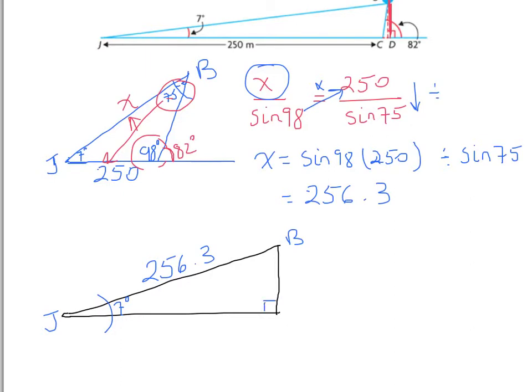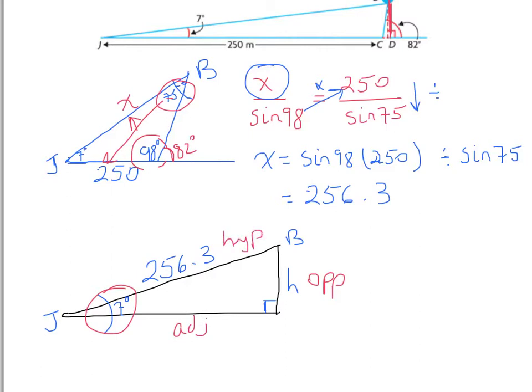This is a right angle, and we're trying to find the height. Remember, we don't know the length of this bottom piece here, because just JC is 250, not JD. And C is up to here, and this is D. So now we just have a plain right triangle. We can just use normal trigonometry. This is the angle that we have right there, making this the opposite side. This is the adjacent side, and this is the hypotenuse.